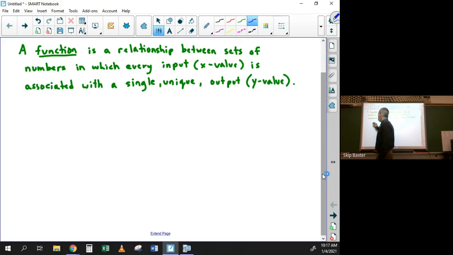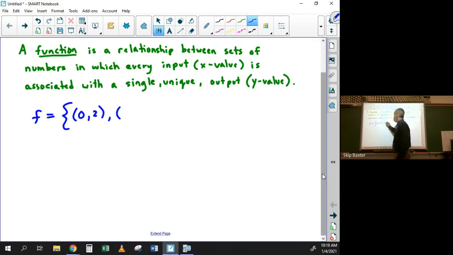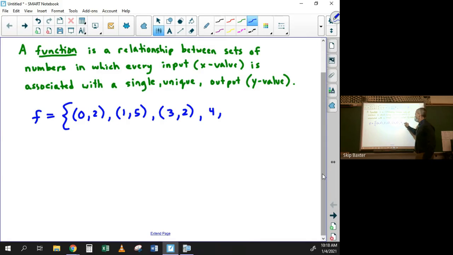So you could have something like the function f is a set of points, like (0, 2), (1, 5), (3, 2), (4, 1). And that could be the function, just those 4 points, okay?